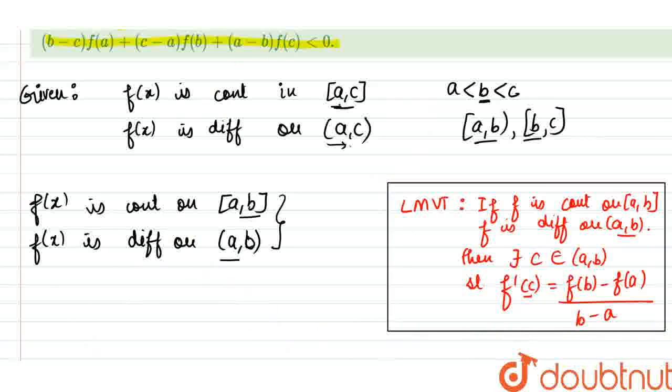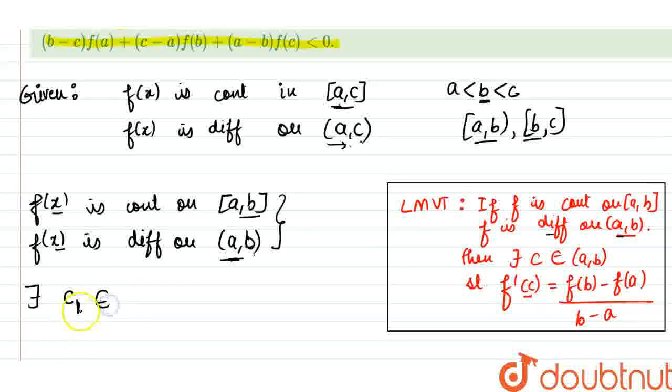So we have the conditions for the Lagrange mean value theorem for the function f of x. f of x is continuous on closed interval a to b and it is also differentiable on open interval a to b. Then there must exist an element from a to b. We can't denote it by c, so let's say we denote it by c1.